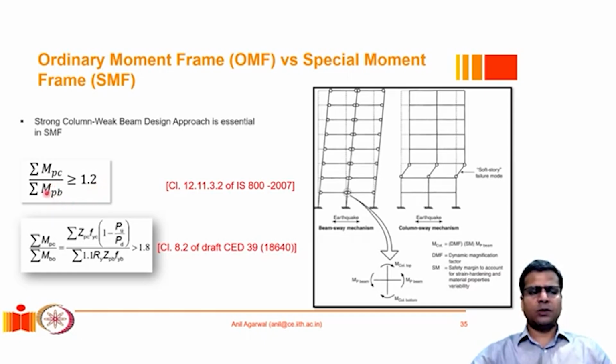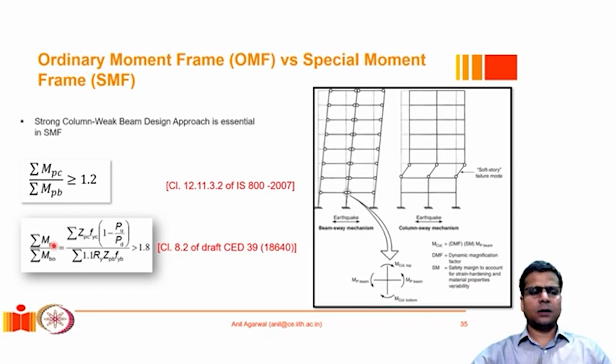There could be some variations in the way this MPB or MPC is calculated. Sometimes they are calculated including the slenderness effect, sometimes they are not. The new draft version for the ductile detailing of steel structures gives a very stringent requirement. It has the same philosophy, wherein sigma MPC divided by sigma MPB should be greater than or equal to 1.8.